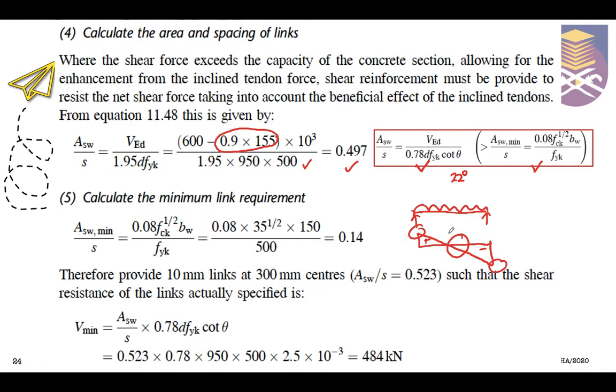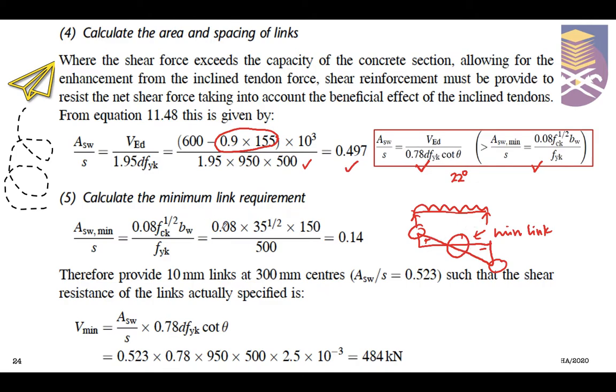So at this region, we can just provide this minimum reinforcement. We do not need to provide very closely arranged links, but can just put some loose links to cater only for this minimum, which is going towards 0.